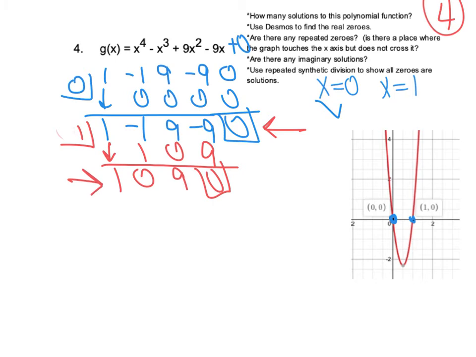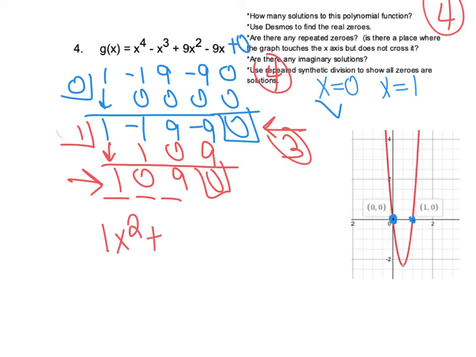Okay, so what we need to think about is, how can I write 1, 0, 9 as an expression? Well, we started out with a fourth power, divided out 0, so now we're going to have a third power, and so now we have 1, 0, 9, which means I'm going to have 1x squared plus 0x.